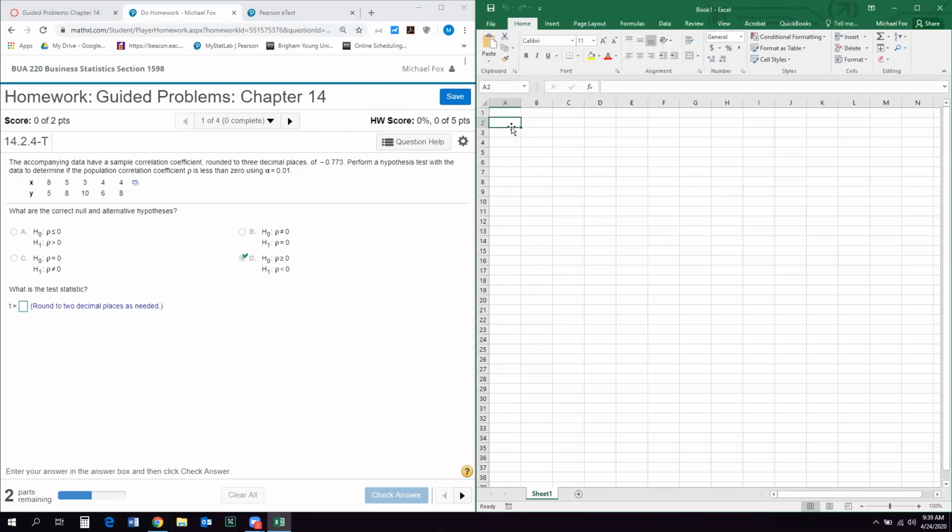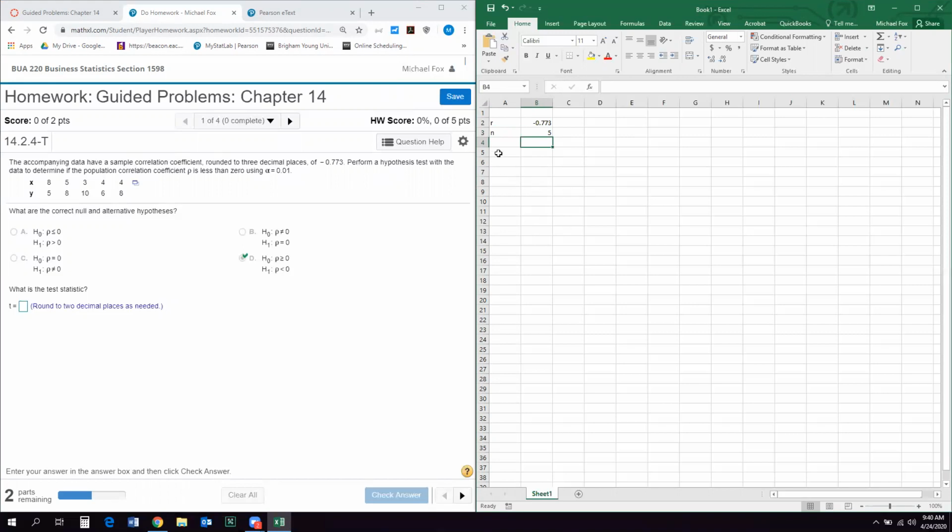It gives me the sample correlation coefficient, so that's r, of negative 0.773. That's given to me. And then I know n, which is the number of ordered pairs. In this case, it's 1, 2, 3, 4, 5, so n is 5. If I know all of that, then I can do my formula.